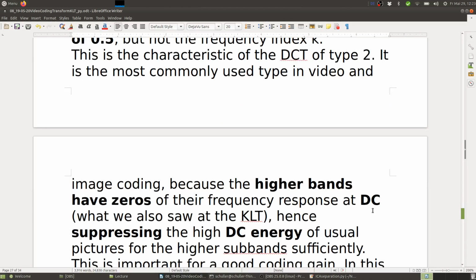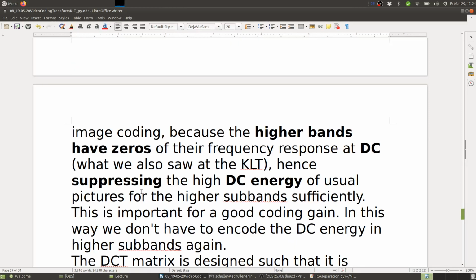And this is the most commonly used type in video and image coding, because the higher subbands have zeros in their frequency response at frequency DC, what we also observed at the KLT. And this is important because this suppresses the high DC energy of usual pictures for the higher subbands sufficiently.